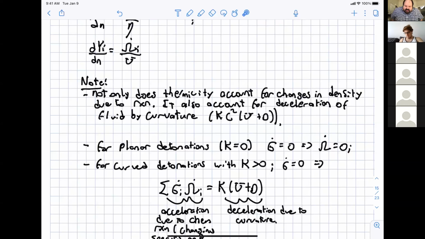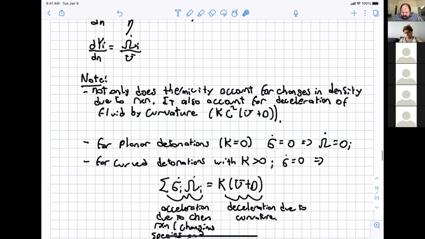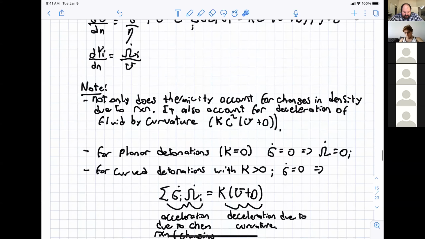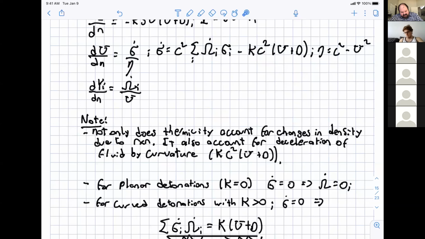Now, for curved detonation, that is no longer the case, because if you have kappa greater than 0, the detonation is expanding. You still require for a stable detonation that when eta is equal to 0, this modified thermicity is also 0. So that fundamental condition has not changed.